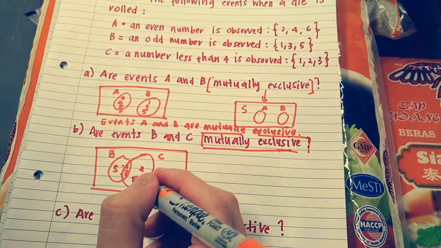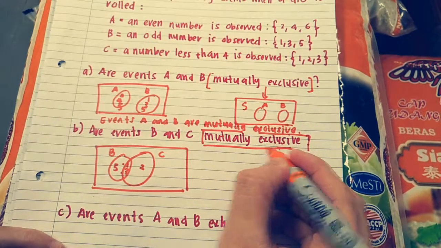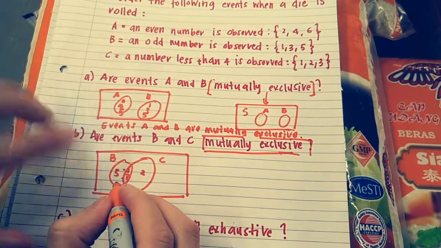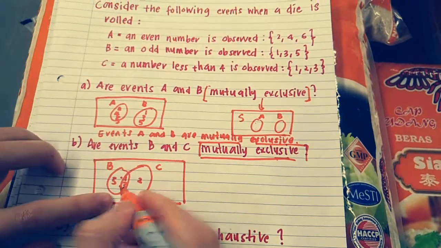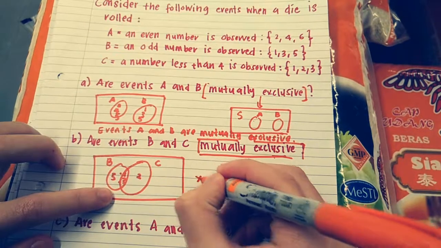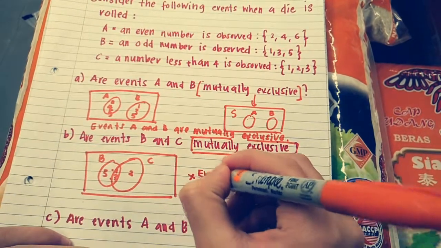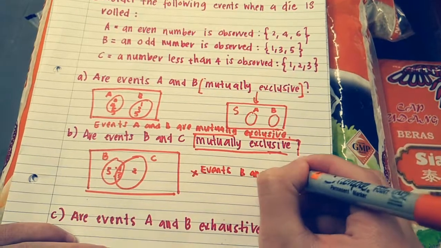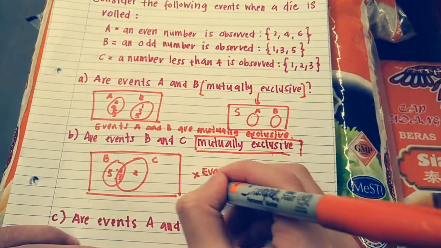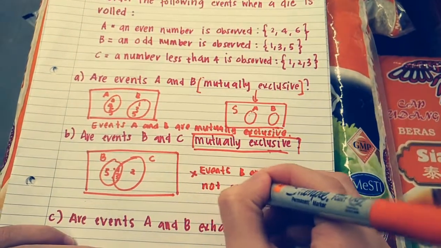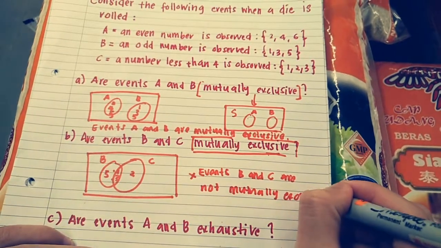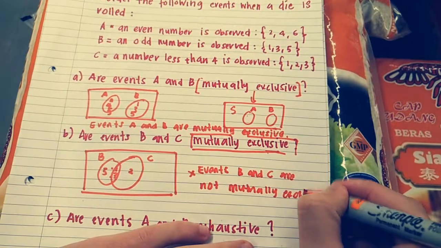So this is not mutually exclusive because there is some intersection between the samples of B and C, which are 1 and 3. So the answer is not mutually exclusive.